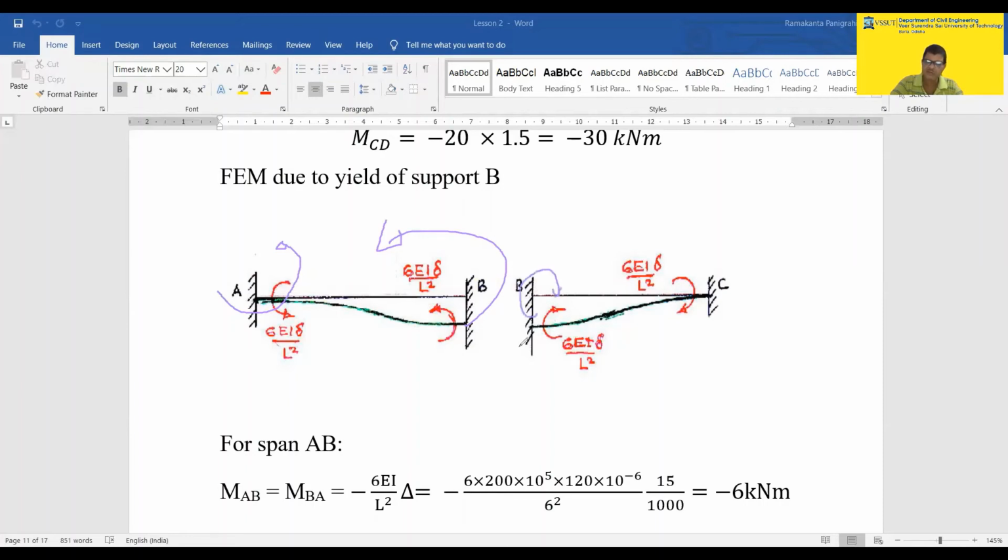So now it is clockwise. Clockwise means positive, anti-clockwise negative. So for span AB, the moments due to this delta value will be minus 6EI delta by L square, and this will be plus 6EI delta by L square.